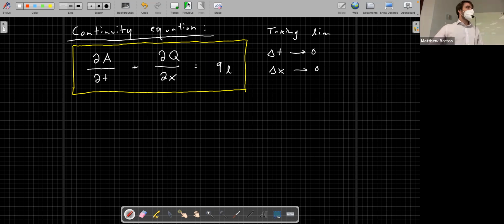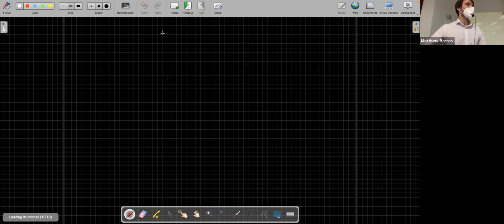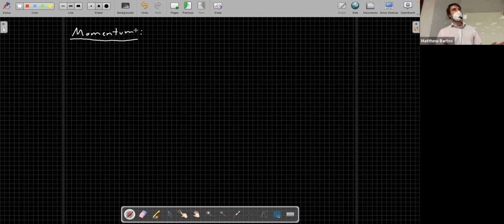The second component of the full equations for unsteady spatially varied flow is the momentum equation. So let's take a look at the momentum equation. This one is the trickier of the two to derive, but once you see it, you'll understand that it's not as mysterious as it looks at first.